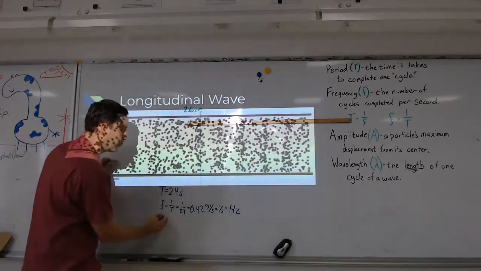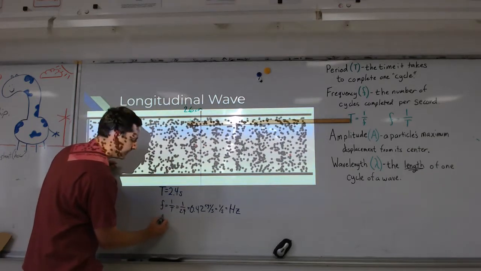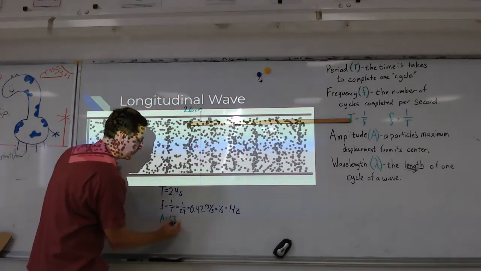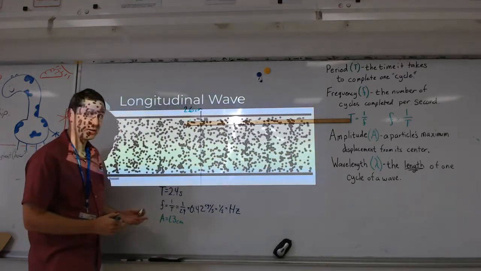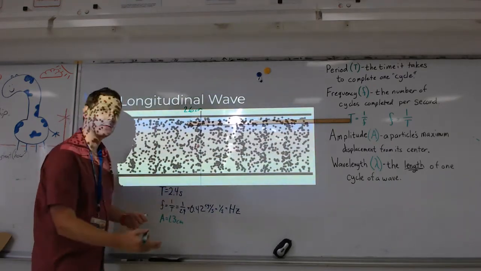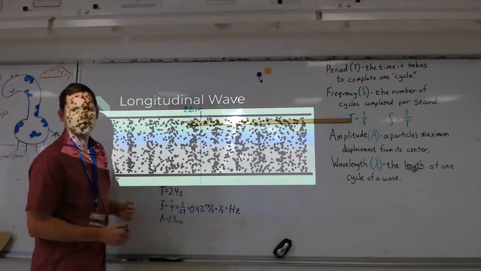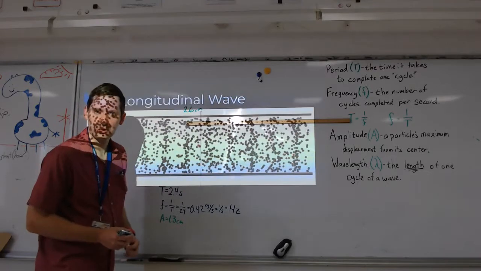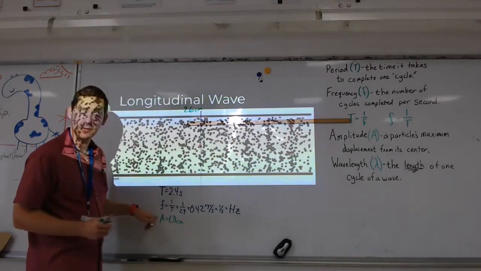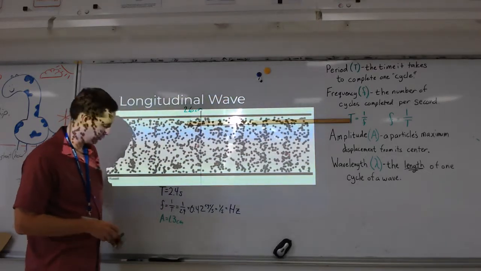And so therefore, we could say that our amplitude is about 1.3 centimeters. Now, if I want to put it in SI units, then it would be 0.013 meters. But it's also okay to put it in terms of centimeters or millimeters or whatever else you need to, as long as it's a length that corresponds to amplitude there.